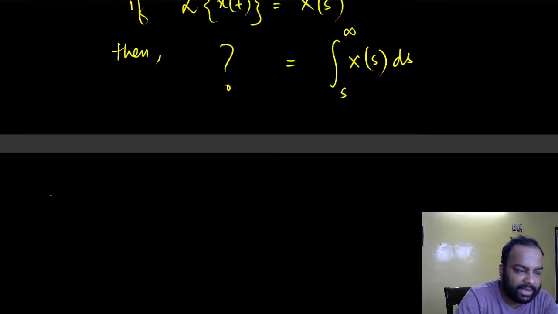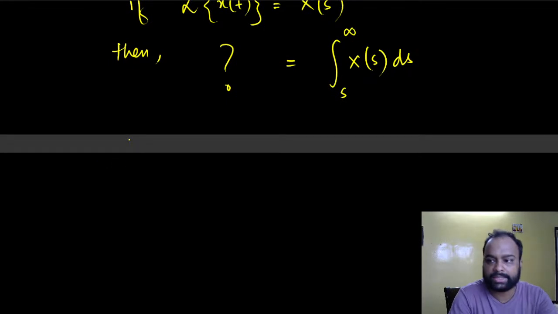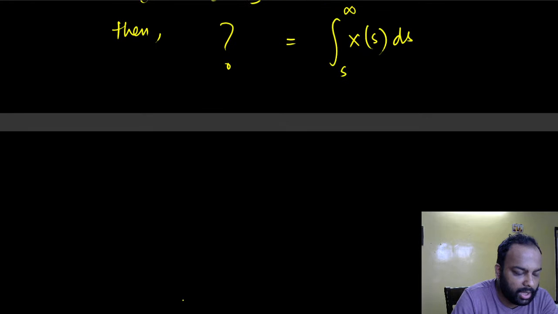This is again very easy to prove. We're just completing our discussion on the properties of Laplace transform, and then we are going to jump to our proper engineering-based discussion.